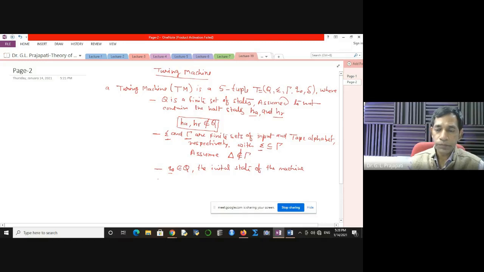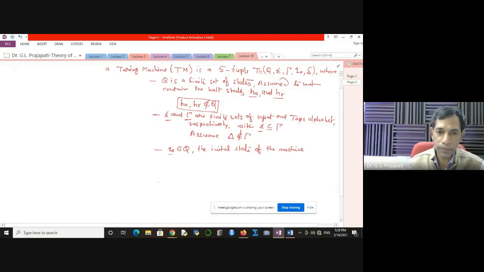Now we have the notion of the transition function. For the Turing machine, we define the transition function delta like this. You are in any state of the Turing machine, and your tape head is observing any symbol from tau union blank.